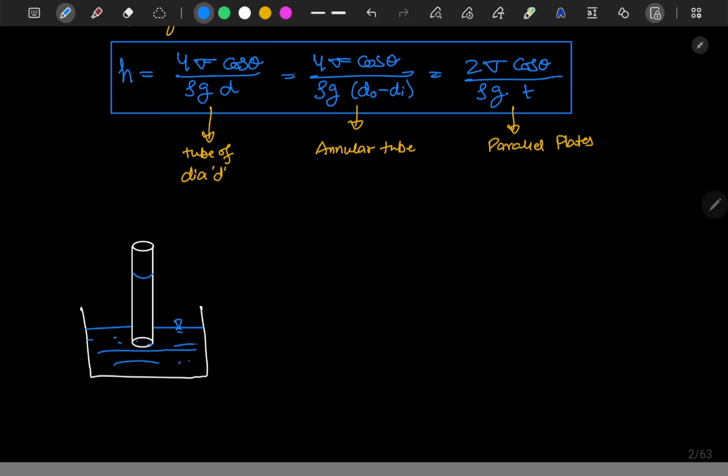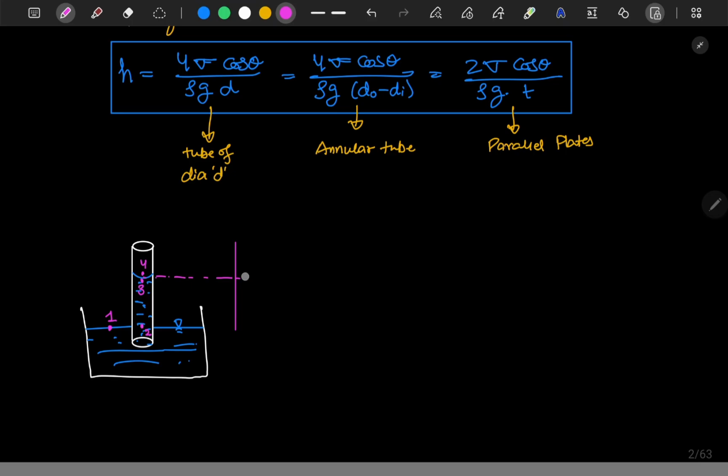Now I will rename a few points here. Let's say this is your point number 1, this is point number 2, this is point number 3, this is point number 4. If I want to draw the distribution of pressure inside this, let me draw it here, and this is the interface.